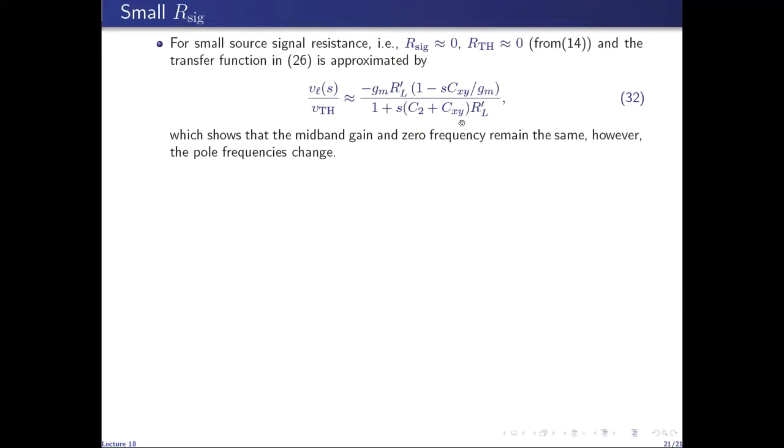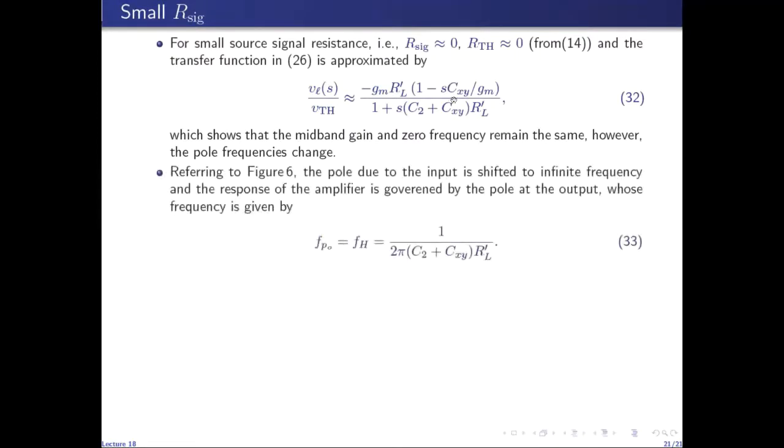One of the poles has now been shifted to infinite frequency. The pole due to C1 and R7N has been shifted to infinite frequency. We are only left with one other finite pole frequency, which is given by 1 over 2 pi times C2 plus CXY times RL prime.